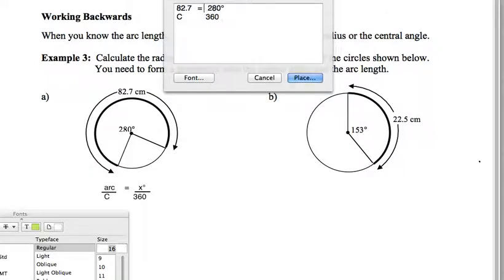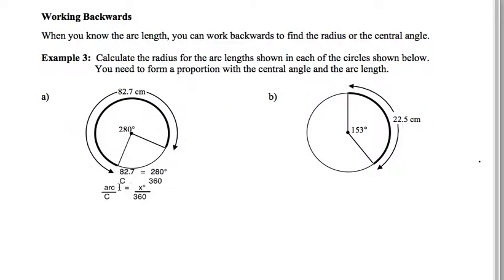My next line of work looks like this: 82.7, that's the arc length, over the circumference is equal to 280 over 360.